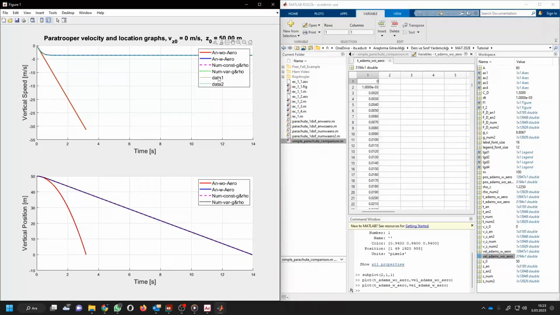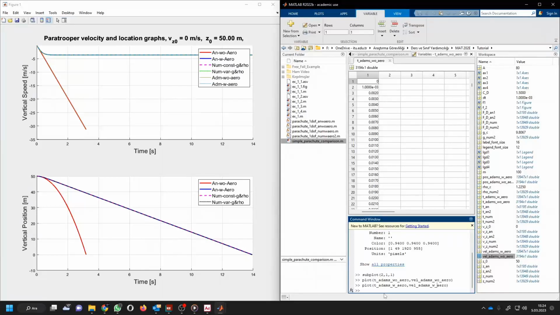So let me change the legend names. Let's say ADM without aero and ADM with aero. Okay. Let me jump to the second plot.